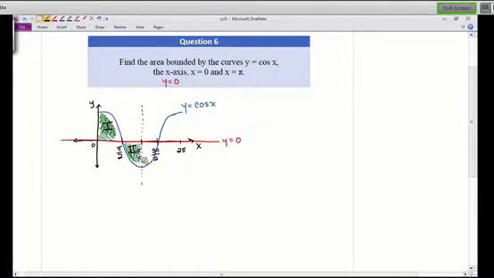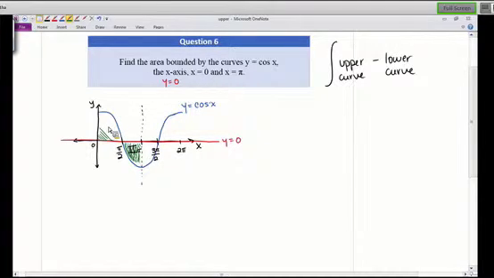The reason I'm identifying both of them is because to find the area of a shaded region, you want to take the integral of the upper curve minus your lower curve. Now, I have a question: why are we identifying the first shaded region?